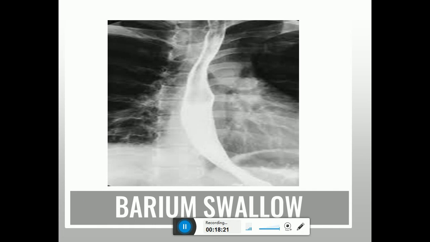Now, to visualize this alimentary canal, a suspension of barium sulfate in water is prepared. One more important thing to know is that barium sulfate is not soluble in water. It makes only a suspension or emulsion.